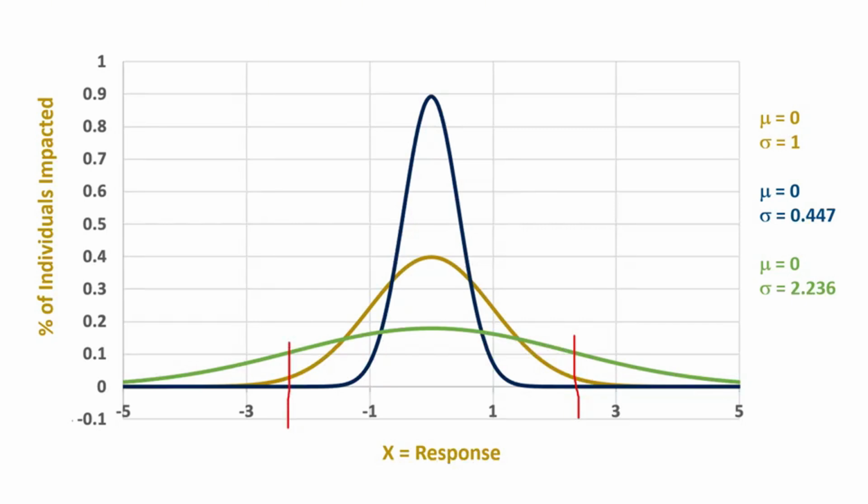I know that between plus and minus 1 standard deviation, which is 2.236, I have about 68.3% of my population. And so if I had a widely variable response to an exposure, my standard deviation for that distribution would be defined as a much larger magnitude.